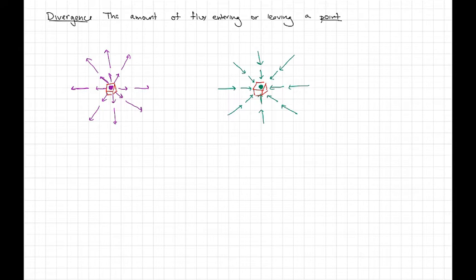In fact, over here, there would be lots of positive flux through the box. And over here, there'd be lots of negative flux through the box.